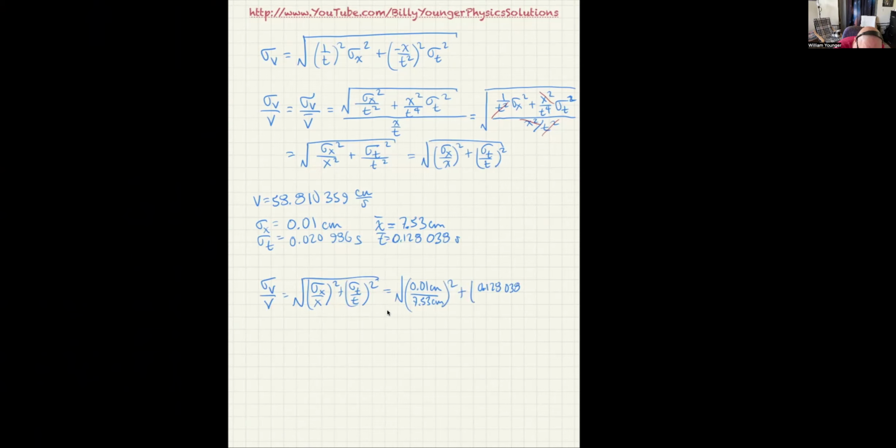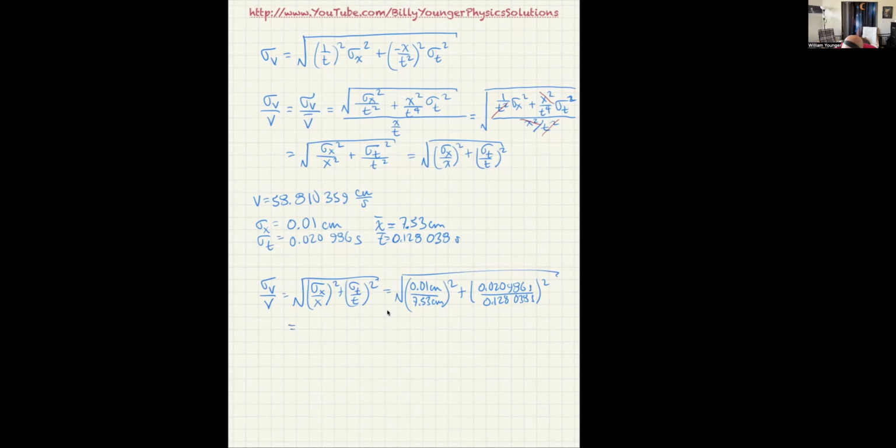Oops, I did it upside down. Let's kill that. We were supposed to put the sigma t up there, and I was reading the t. So the sigma t is 0.020986 seconds, and t is 0.128038 seconds. We're going to square that.